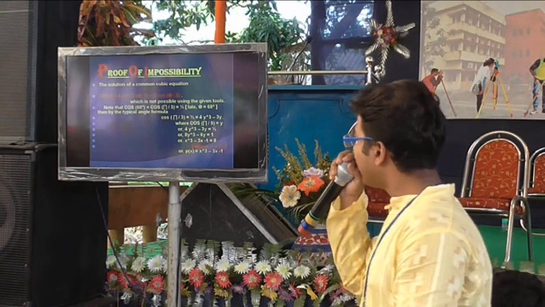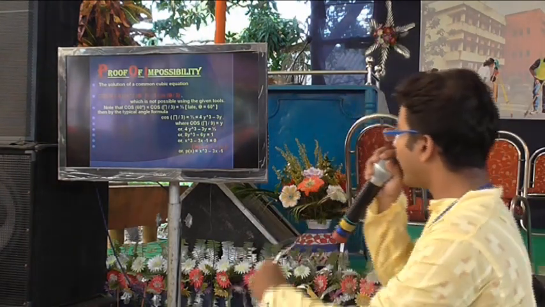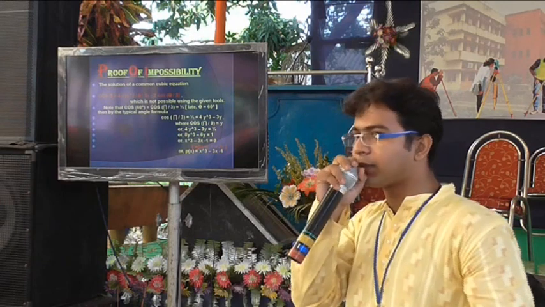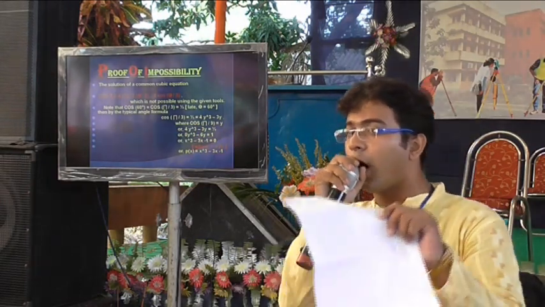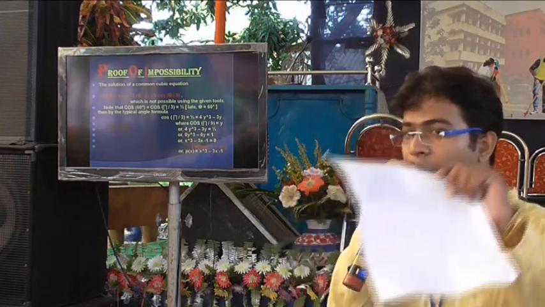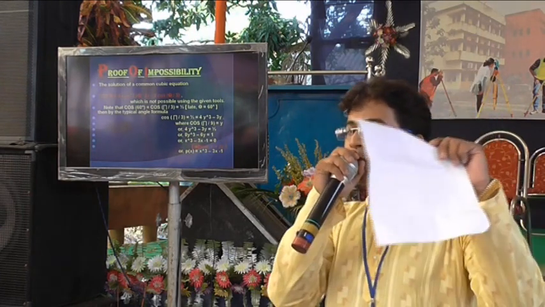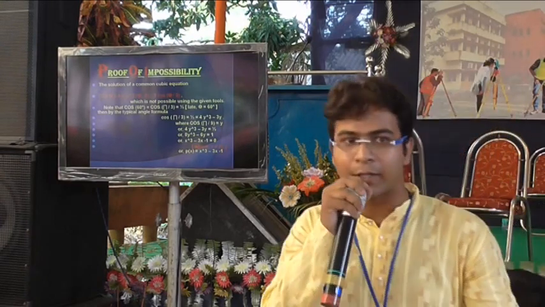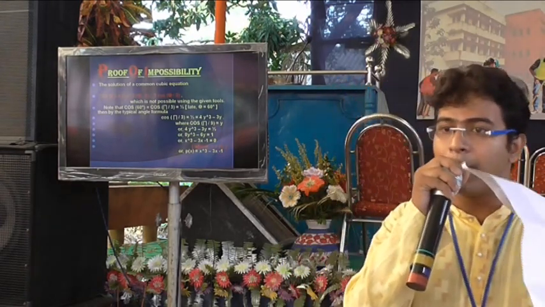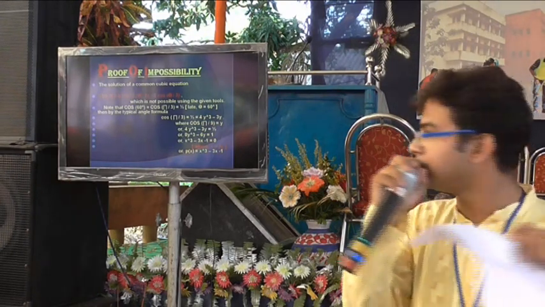If we consider the last one as a function of x, then we will never get the equal roots of x. Based on this idea, Pierre Wantzel said that an angle cannot be divided into odd number of equal parts.